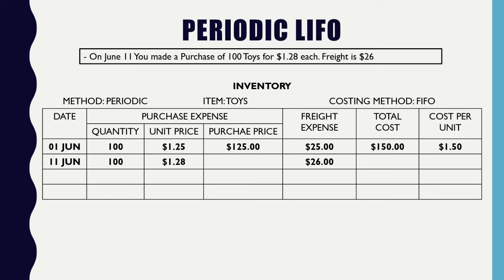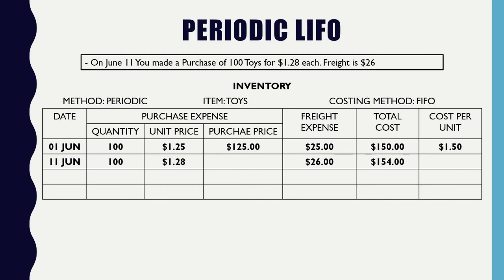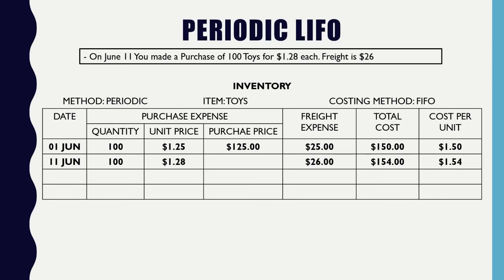Because we do not account for the cost of goods sold until the end of the accounting period, we just list them all out and then eliminate them one by one. 100 times $1.28 gives us 128, plus 26 gives us 154, bringing our cost per item to $1.54.